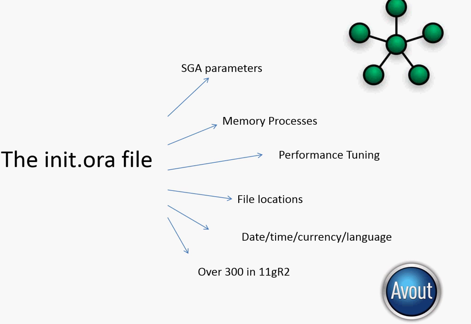So even if you make a mistake, and I shouldn't even call it a mistake, even if you do your best estimate as to what your database is going to look like, and things change in the future for whatever reason, you're not locked into those changes for the most part. For the most part, you can go in and change the parameters as the circumstances change inside your organization.